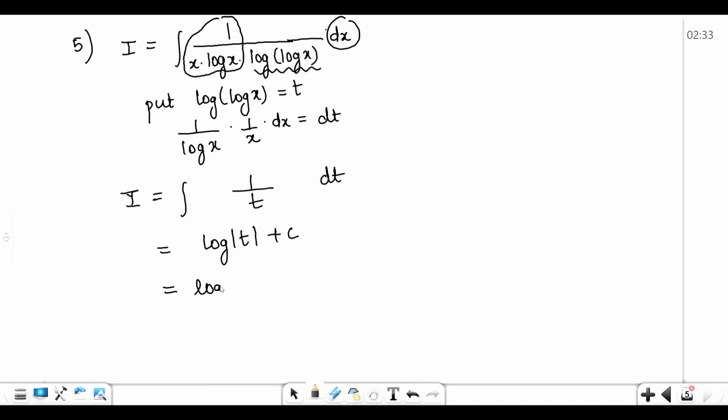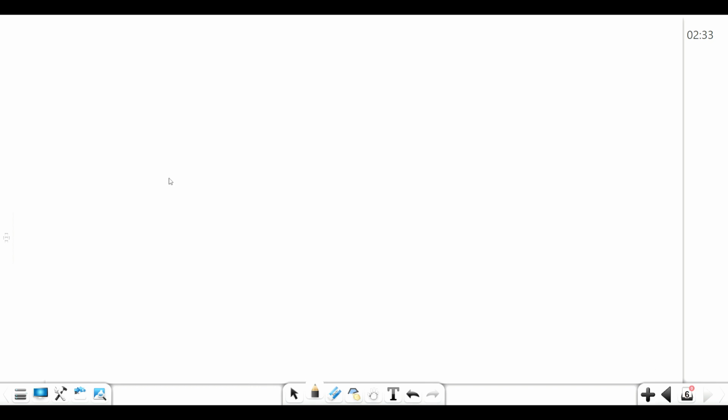So we can resubstitute this part, which is log of log x plus c. Sometimes it will look more complicated, but it is just a simple one. You just have to identify the proper function to use for the substitution. Now we'll move on to the next question, which is question 6.